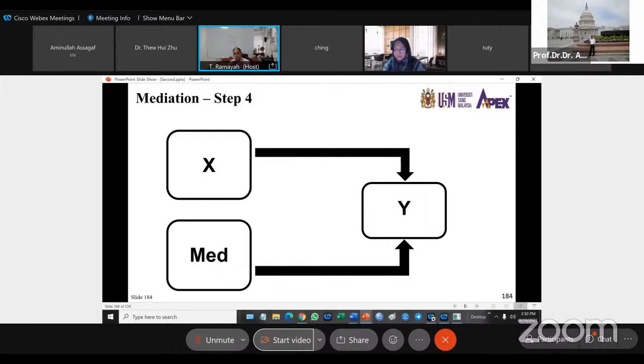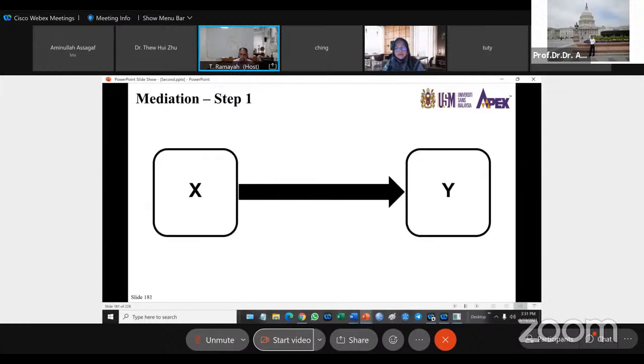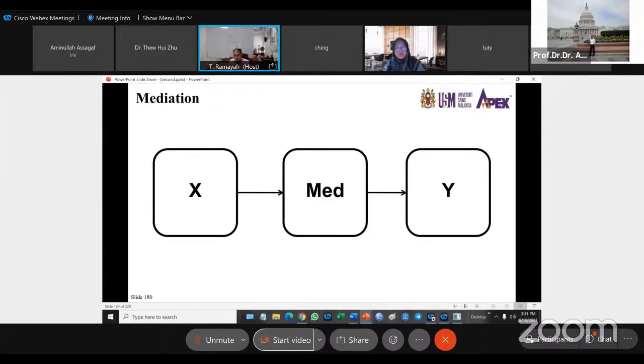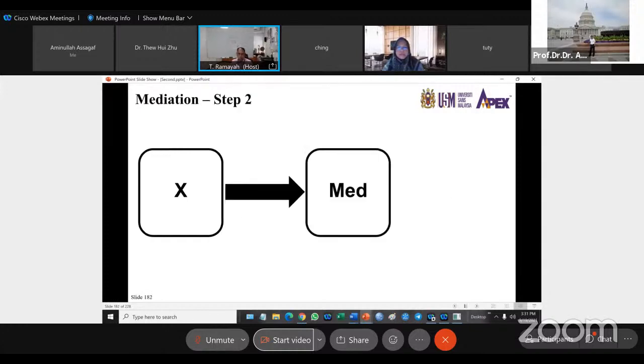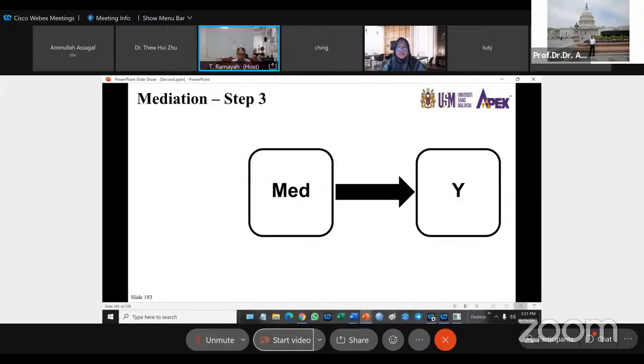But what happened with this model is that many reviewers are now arguing this analysis has very low power. Why? Because when we drew the model, we have one model. But when we test it, we test model number 1, model number 2, model number 3, model number 4.